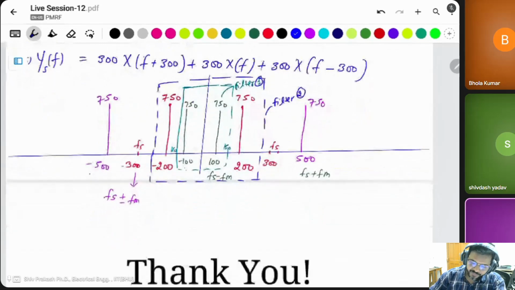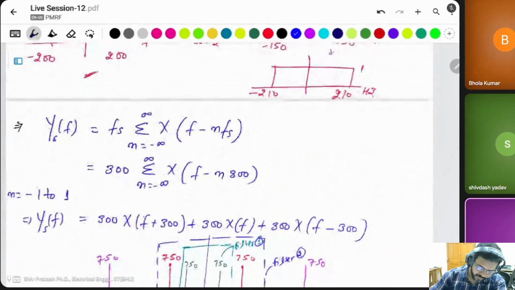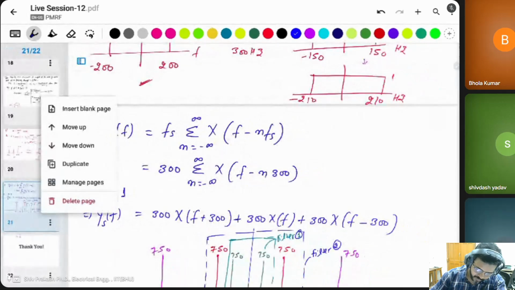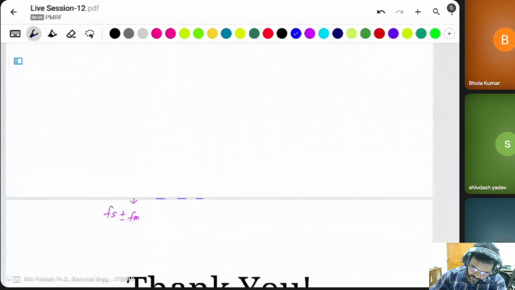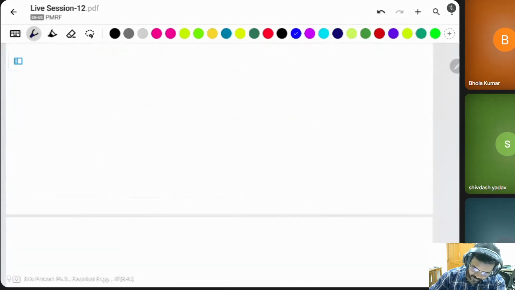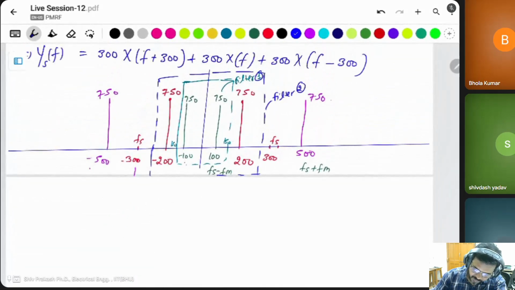This is the filter 1. Okay, it is here Fs plus minus of Fm. If you plus Fm, this is 100, minus Fm 500.